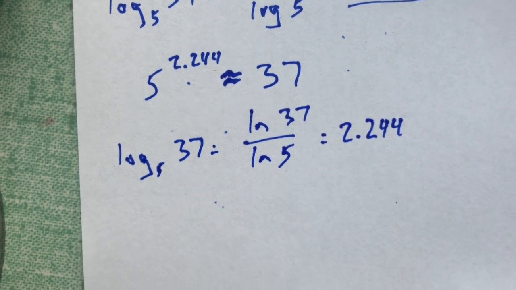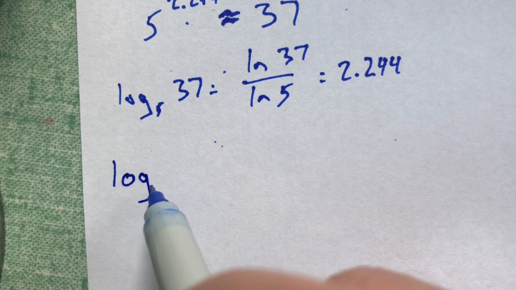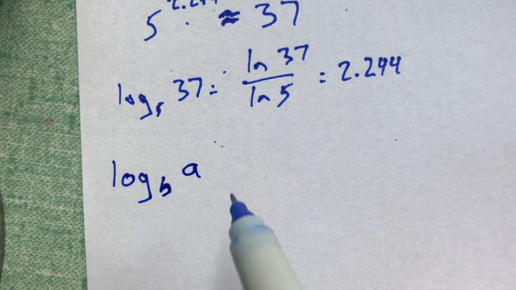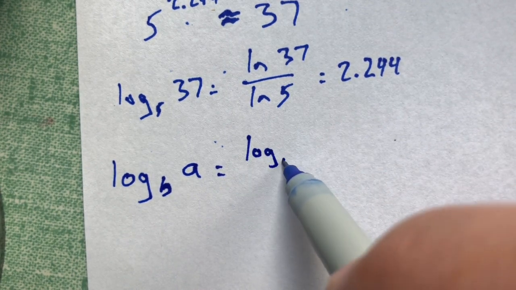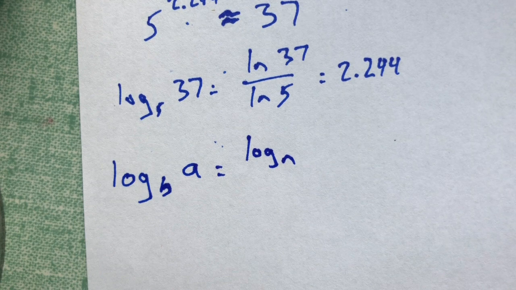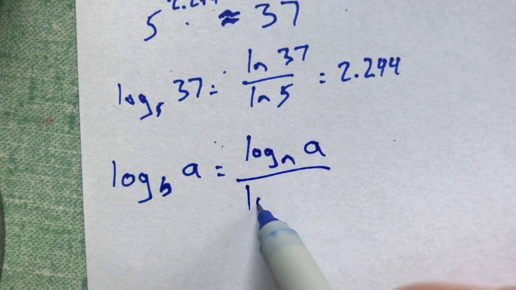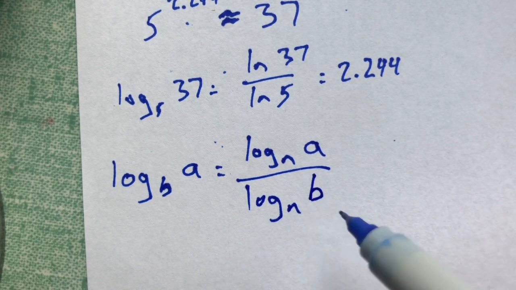So just to generalize this rule, if I want to do the log of some base, I'll call it b, of some number a, that's the same thing as doing log of some new base. I'll use an n for new. Log of some new base of our number a over the log of that same new base of the old base b.